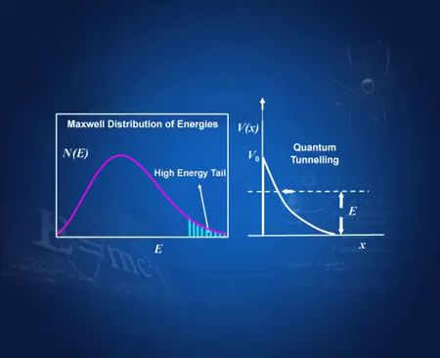At any temperature there is a distribution of energies of particles, and this distribution is known as the Maxwell distribution, or sometimes the Maxwell-Boltzmann distribution. In the tail there are particles which have high energy, and some of these particles can overcome the potential barrier.